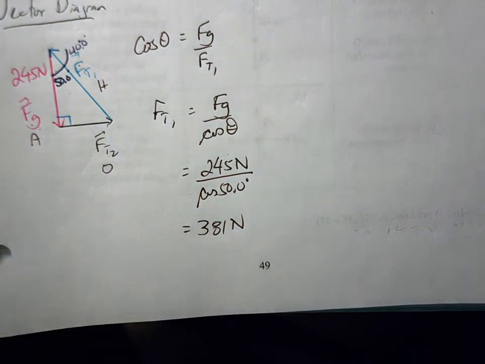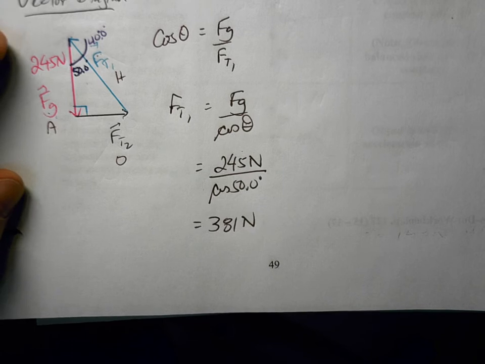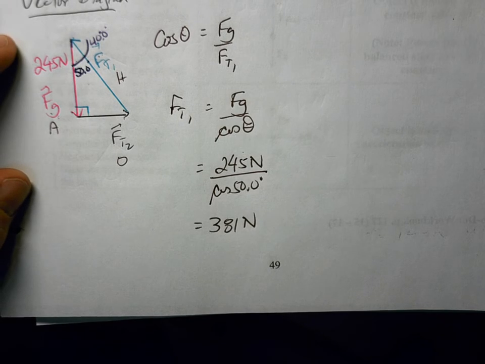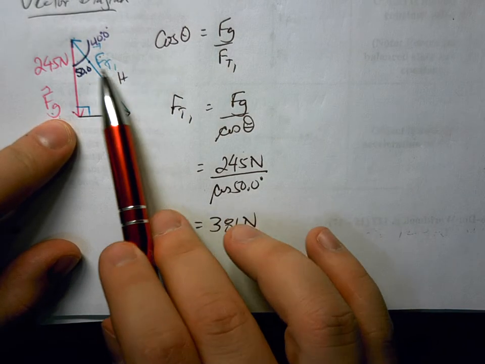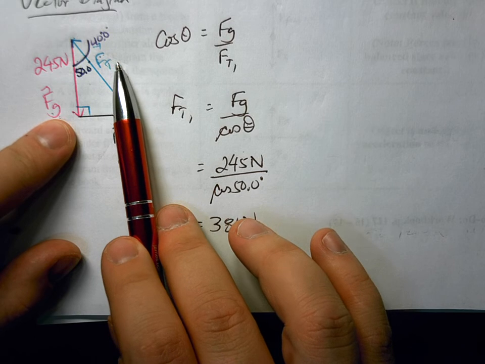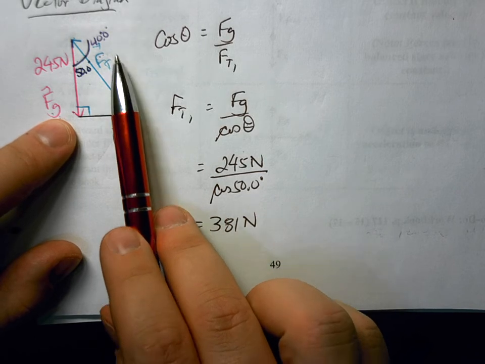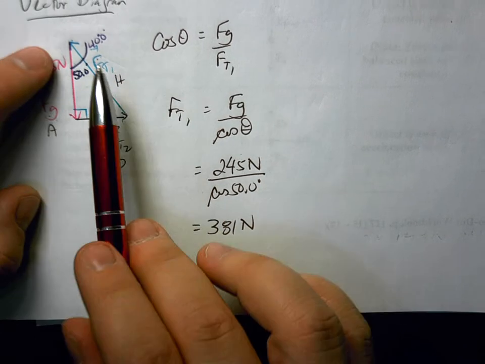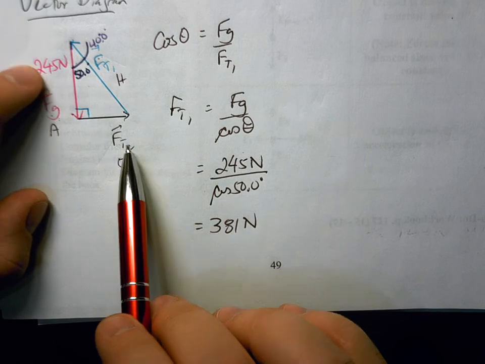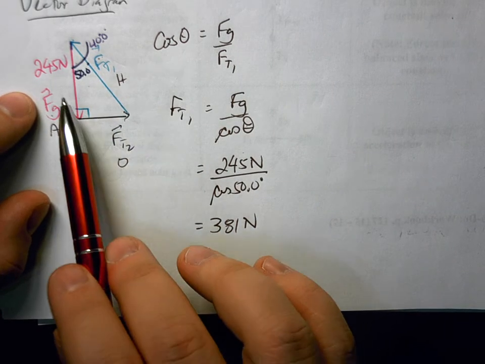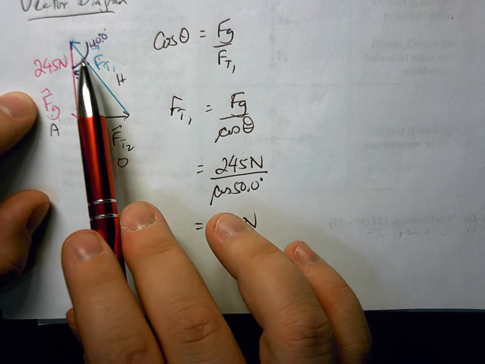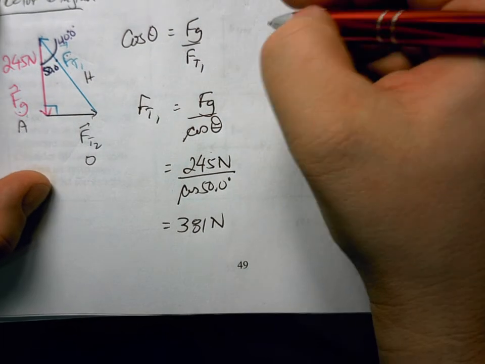We haven't been asked for direction, so don't worry about it. Now, also looking at my triangle here, I see FT2. I've calculated FT1, but I probably don't want to use that for calculating FT2, just in case I got that wrong. So for FT2, my FT2 is my opposite and FG is my adjacent, so the relationship I'm going to want to use here is tangent.